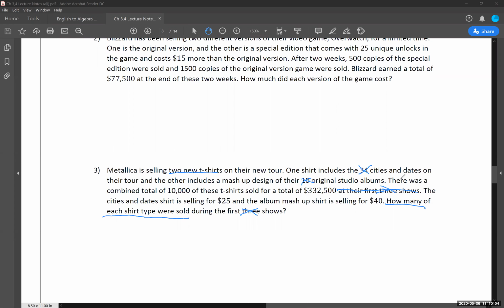We're told the Cities and Dates shirt is selling for $25, and the mashup shirt is selling for $40. That's probably going to be useful because we know how much the total they made off of those are. So we're probably going to be using each of these numbers, and the 10,000 showing up in there as well.